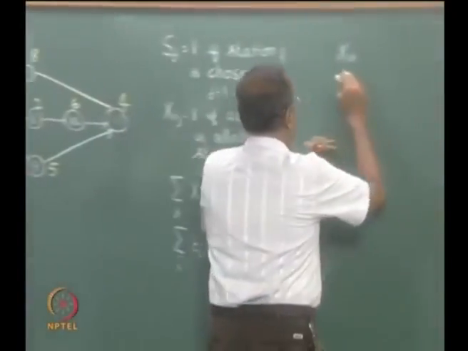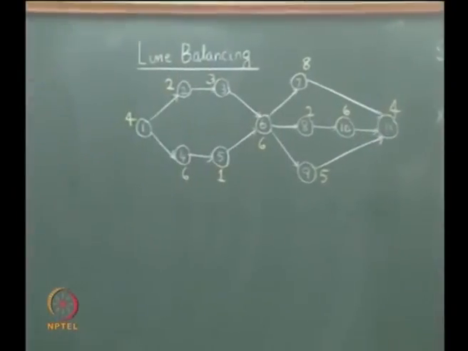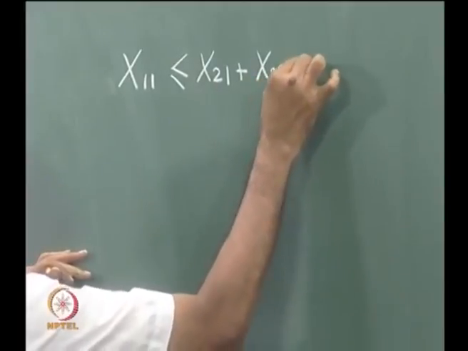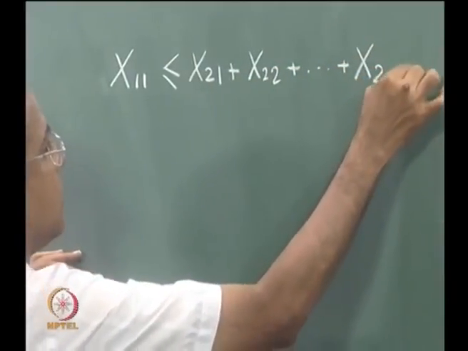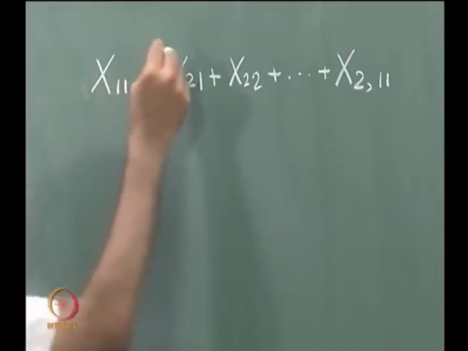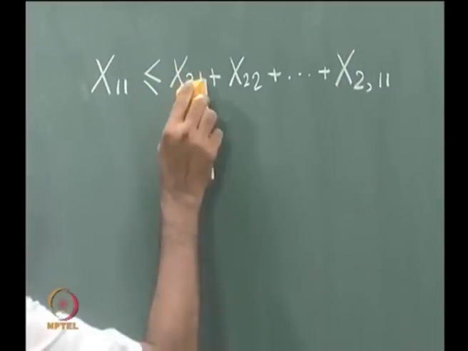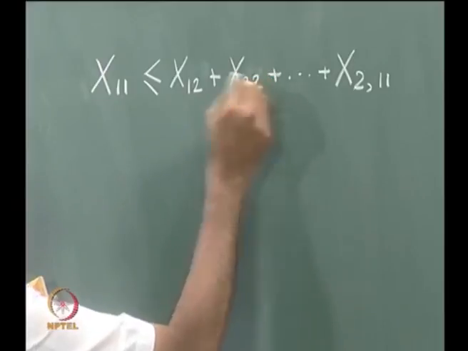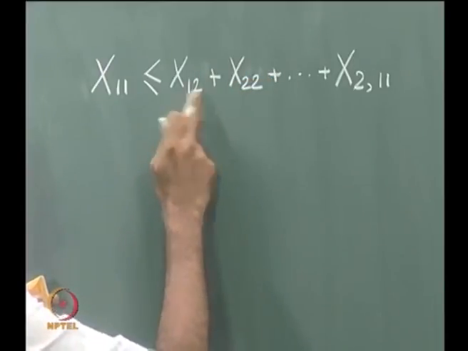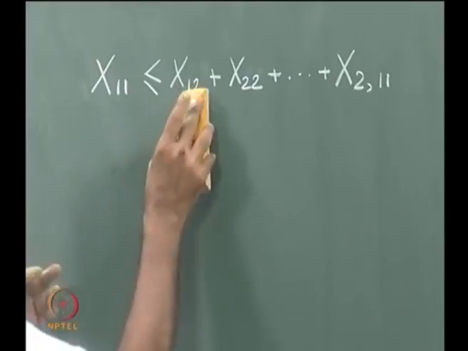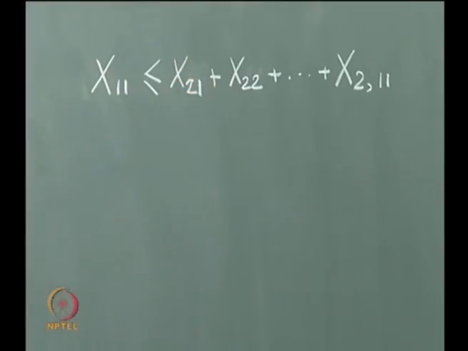So this is modeled as, if 1 goes to 1, then x11 should be less than or equal to x21 plus x22 plus up to x211. If activity 1 is in workstation 1, then activity 2 can go to workstation 1 or workstation 2 or 3 or 4 and so on.